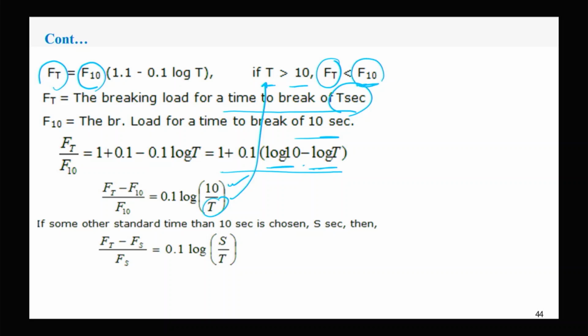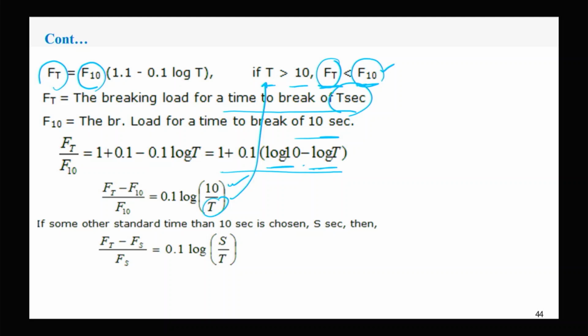That means if we extend the material at a slower rate, we will get a lower breaking load than in the case where we extend it at a higher rate.